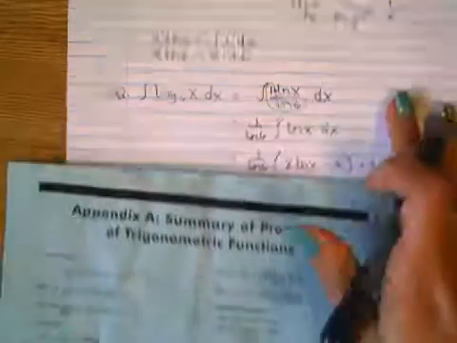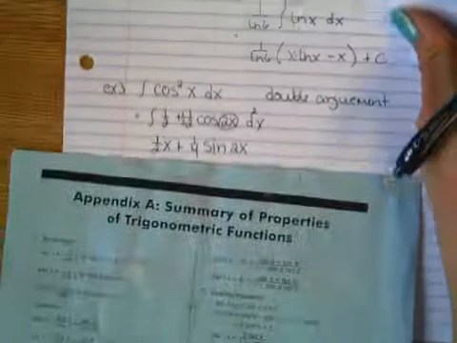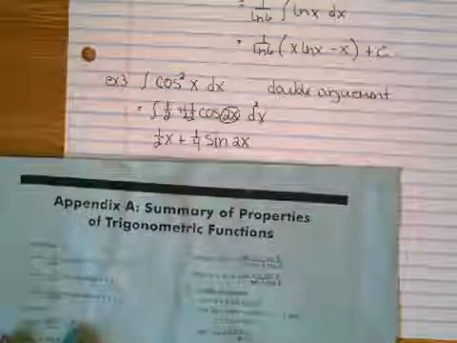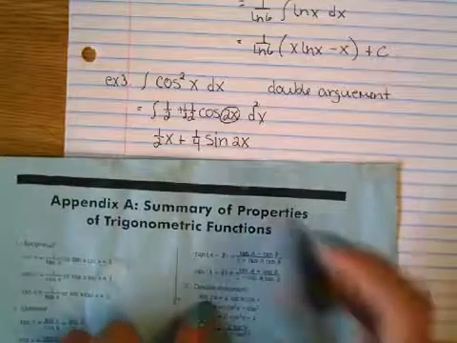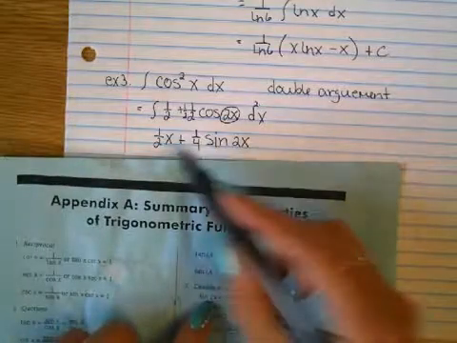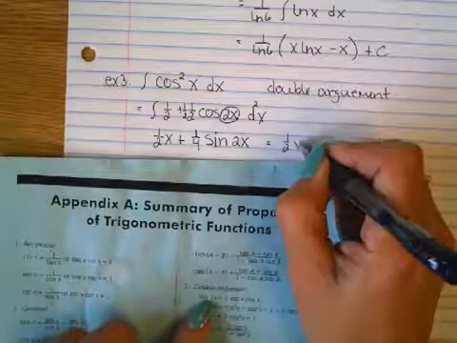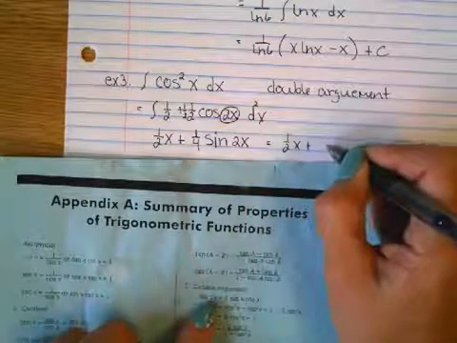So I've got 1/4 sine 2x. I'm going to keep this 1/2 x. I keep the 1/4.